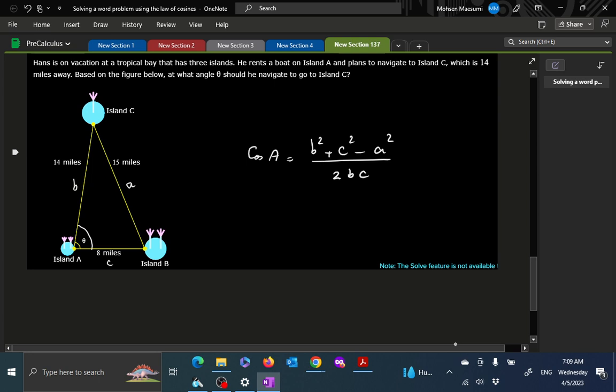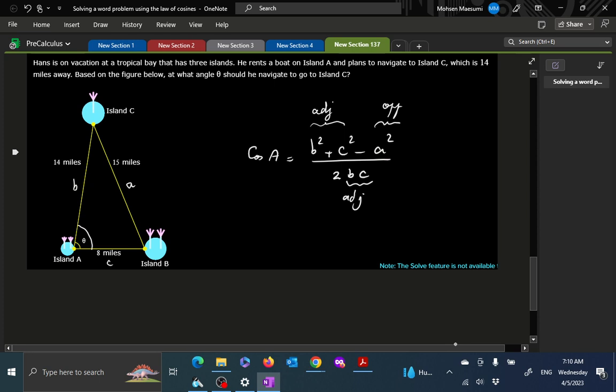How do we remember that? These are the two adjacents squared minus the opposite squared, divided by twice the product of the adjacents. So the way to remember is that these are the adjacents of the angle, this is going to count as the opposite of the angle, and again these are the adjacents of the angle itself.